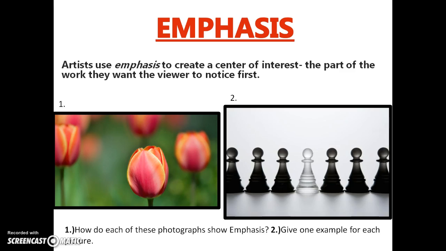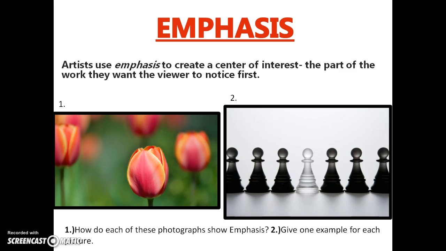There are two examples that I have put here for you to look at. And there are two questions that are below the two examples. Question 1 says, how do each of these photographs show emphasis?